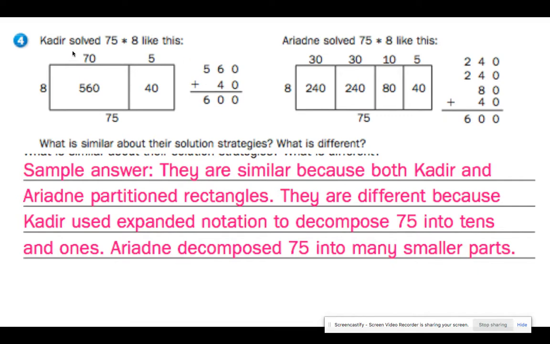So he just simply did the tens, which is 7 tens or 70, and 5 ones, right? However, Ariadne did it differently. She composed it into different smaller parts, right? So again, they got the same answer, but they just chose to break apart their rectangle a little differently.